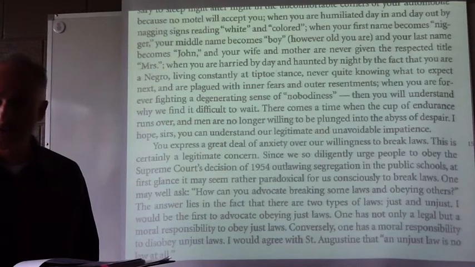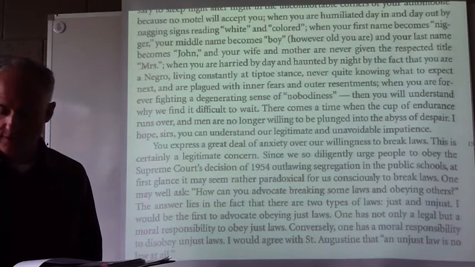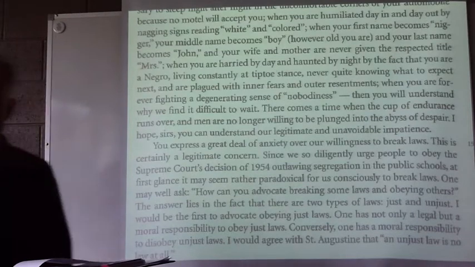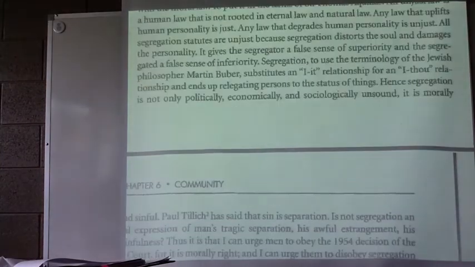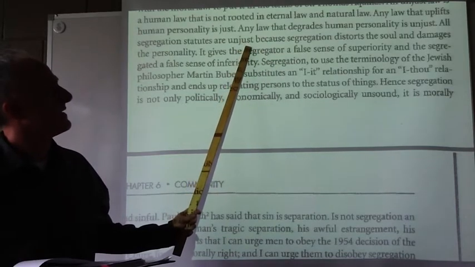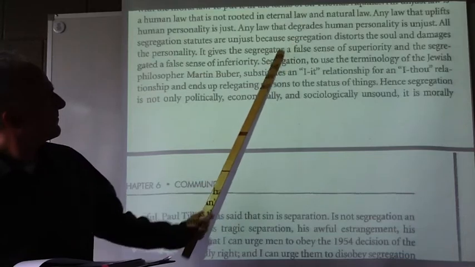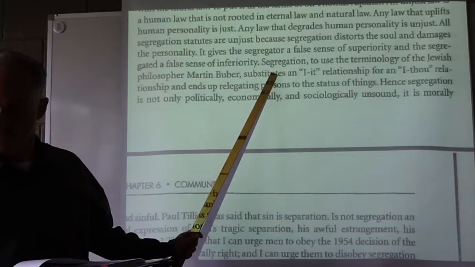Now we're on page 265. We have more appeals to authority here, more opposing points. But let me show you something at the bottom there. He is using, I can't find this.